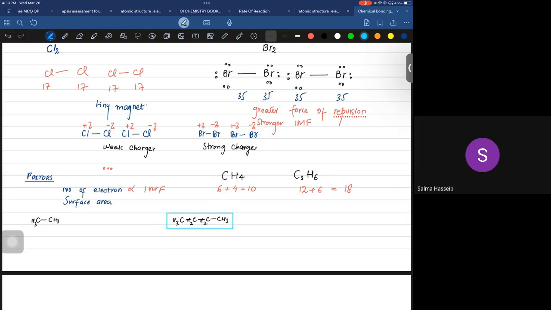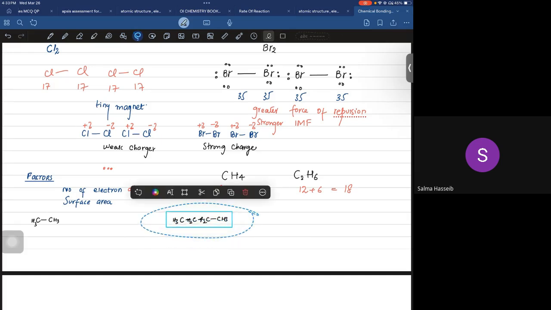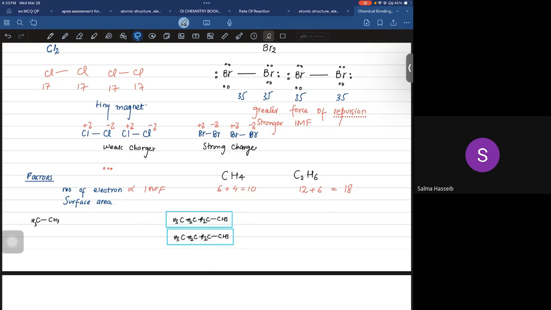You can see this. Let's suppose I am considering the two layers. Same goes for this.